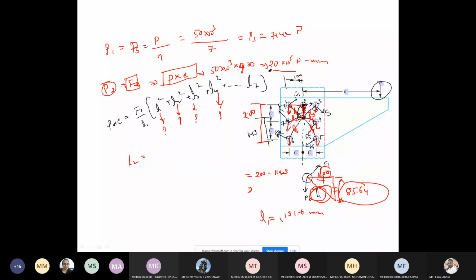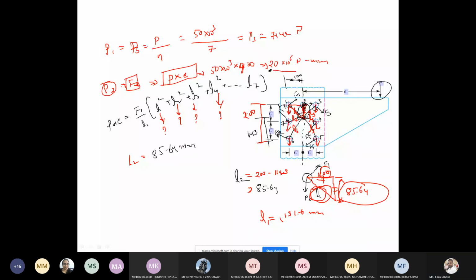This distance we just now calculated. Out of 200, if you subtract 114.3, how much is that? 85.64. That is L2. 85.64 mm.